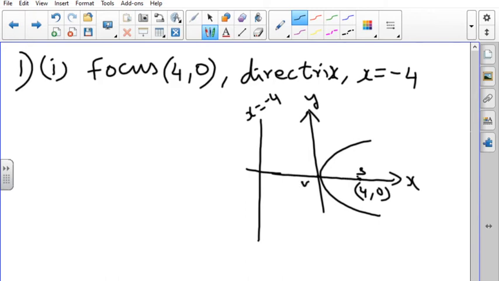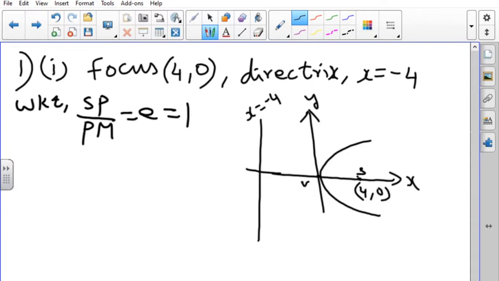Now, whenever focus and directrix are given, use the formula SP by PM is equal to e. Because it is a parabola, e is equal to 1. So SP is equal to PM, and from this we get SP square is equal to PM square.